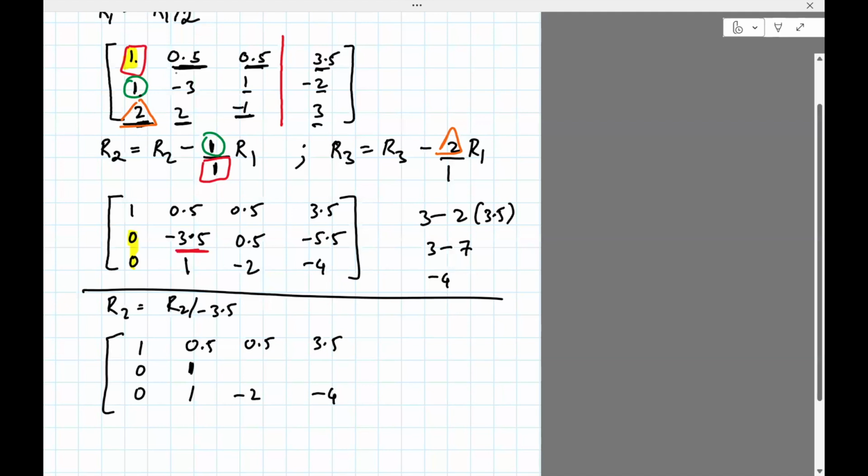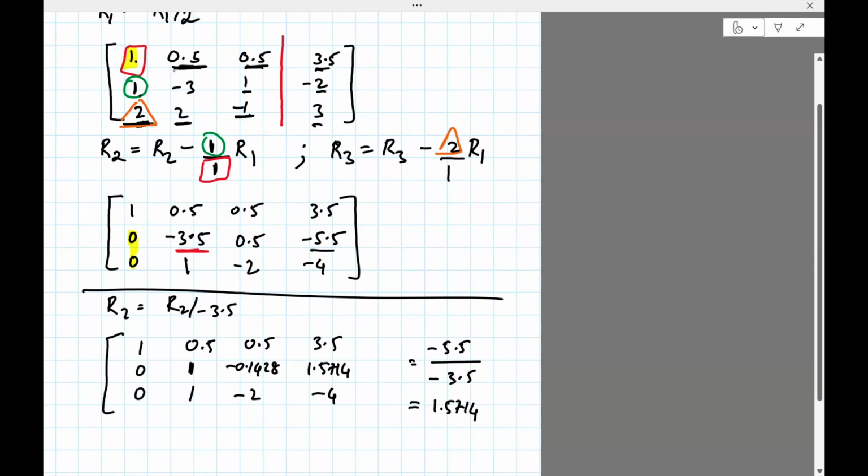That's 1. 0.5 divided by minus 3.5 is actually minus 0.1428. Then we have here minus 5.5 divided by minus 3.5. This comes out to be 1.5714.